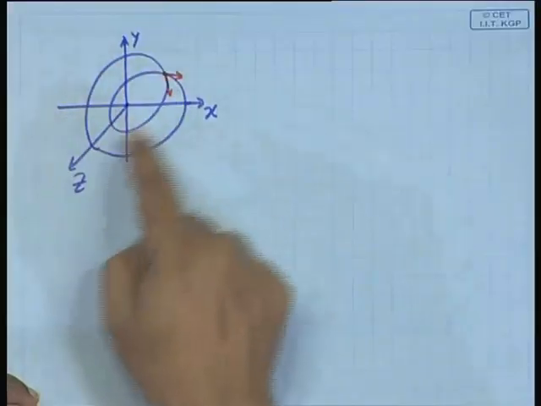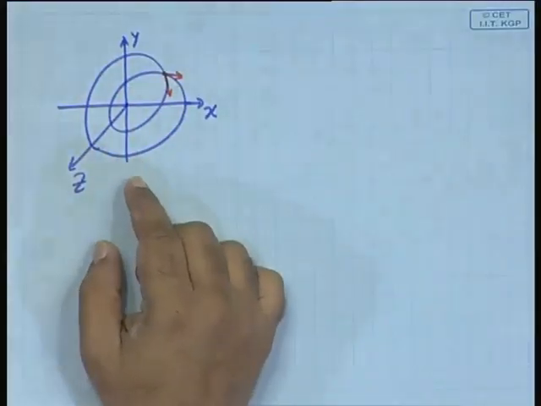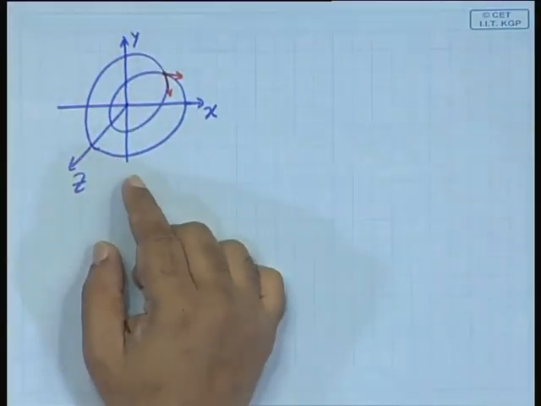So, such an orbit will not be allowed in a 2-dimensional system, but it will be allowed in a 3-dimensional system. Like you have seen, a sinusoidal oscillation is not possible in a 1-dimensional linear system, but it is possible in a 2-dimensional linear system. Similarly, an orbit like this is not possible in a 2-dimensional nonlinear system, but is possible in a 3-dimensional and above nonlinear system.